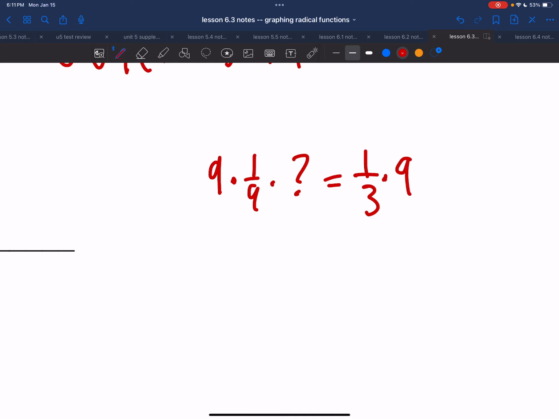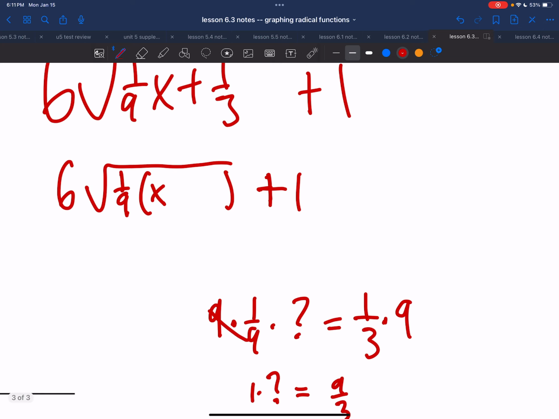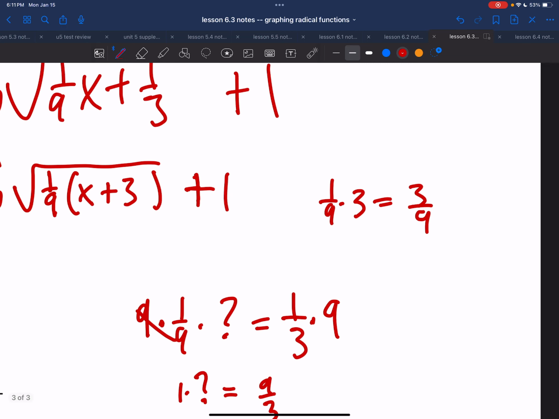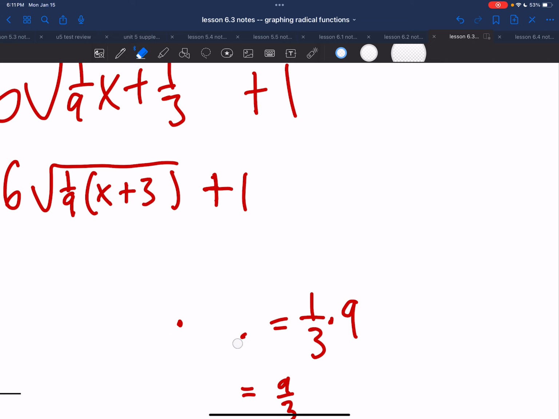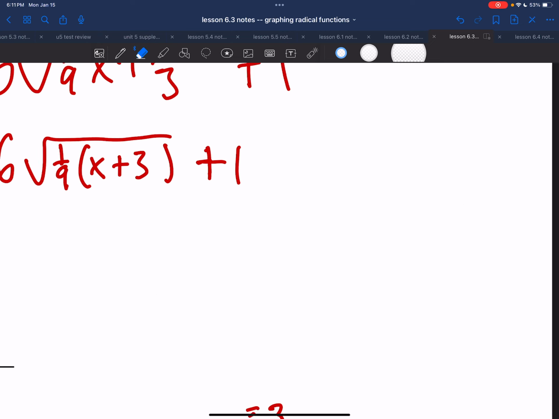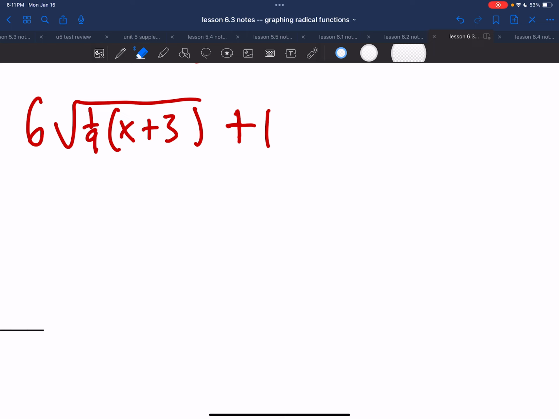These 9s cancel, and I get 1 times the unknown equals 9/3, which is just 3. That makes sense, because if I distribute 1/9 to 3, 1/9 times 3 is 3/9, which reduces to 1/3. So factoring out a 9th is kind of like multiplying by 9. It isn't multiplying by 9, but it's kind of like it.